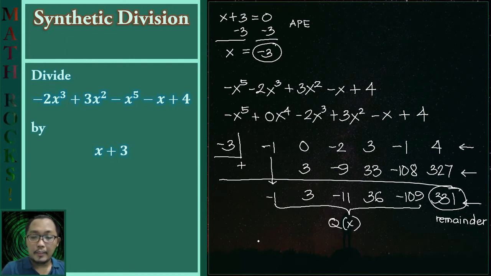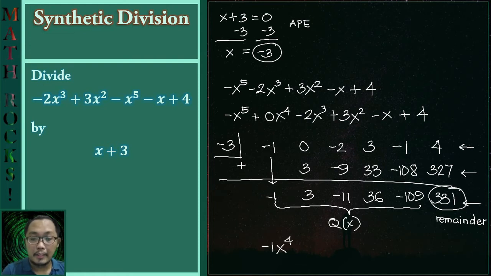So normally, we are writing the quotient by having the literal coefficients of x with an exponent of the degree of such polynomial p of x, which happens to be the highest exponent 5, reduced by 1. So having this coefficient of negative 1, writing the variable x being raised to 4.